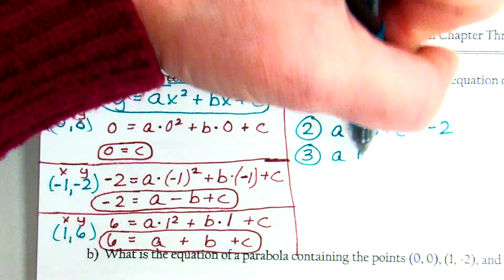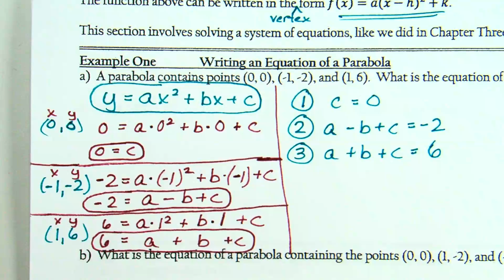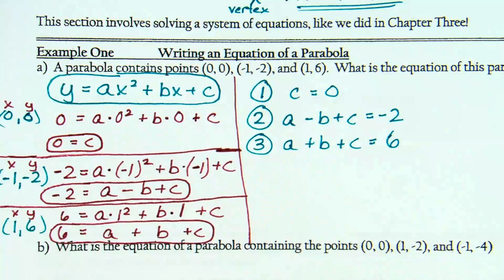Equation 3, A plus B plus C equals 6. Again, like last chapter, number them, don't number, that's your choice. How do you keep yourself organized?